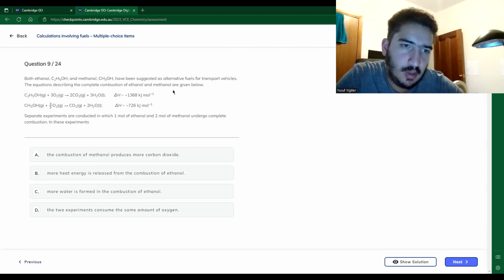That's not true. More water is formed in the combustion of ethanol. So unknown over known, three. Three times one is three, so three. Two. Unknown over known, two. Two times two, four.